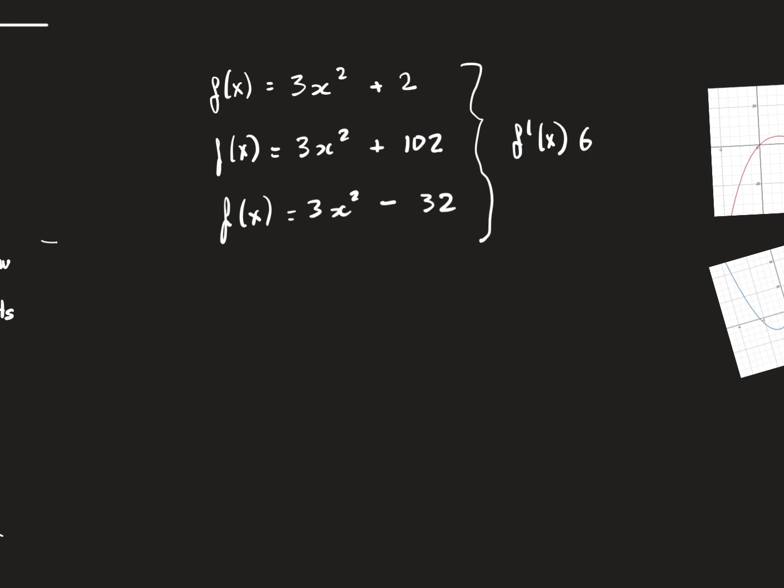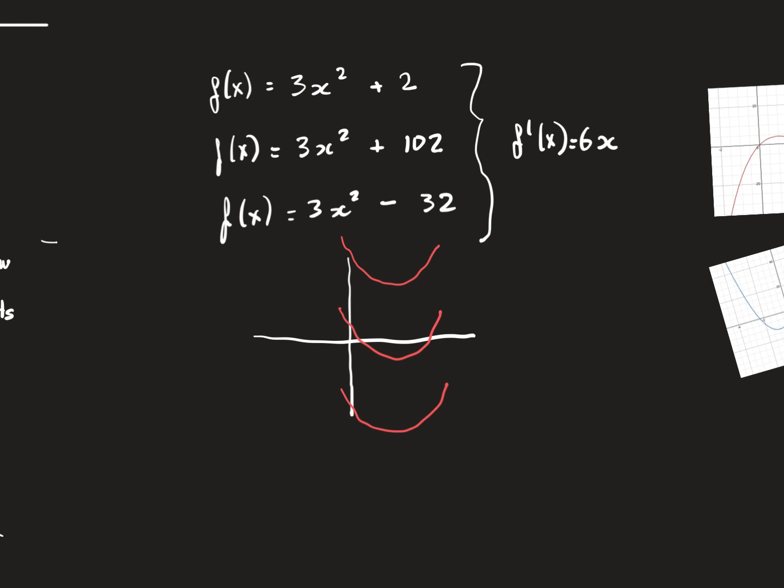So it would be 6x. But the original functions are all set differently. So one of these functions may be, for instance, in any of these places.